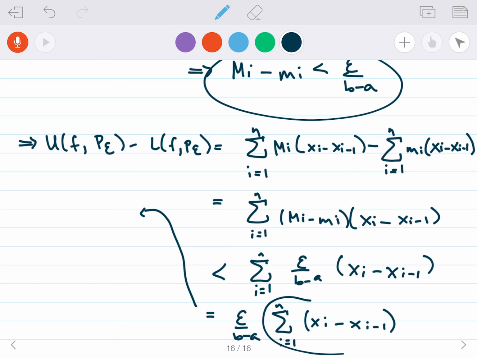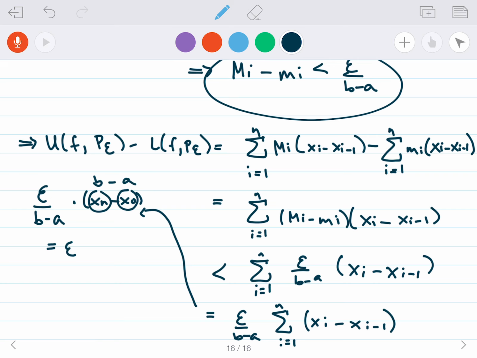Since this sum telescopes, what we're going to be left with is x_n minus x naught. So this becomes epsilon over b minus a times (x_n minus x naught). And we know that this is b and this is a, right? So this is b minus a, and so that just equals epsilon.